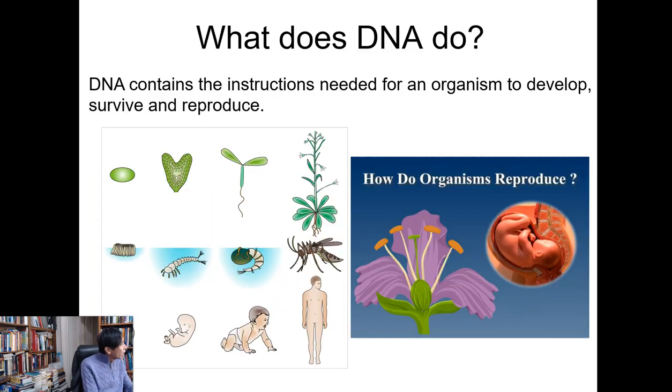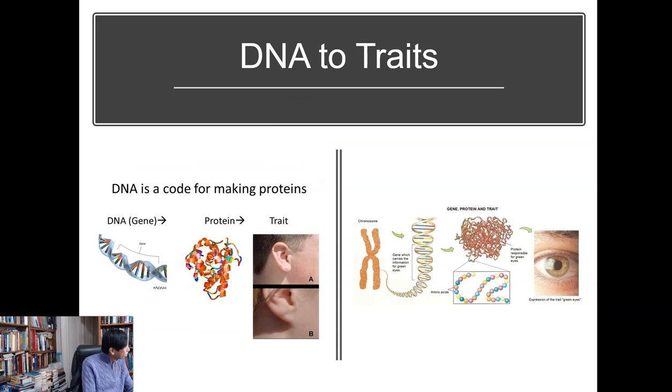Same thing: DNA has a blueprint that contains instructions needed for all organisms to develop, to survive, and to reproduce. So DNA directs all the life functions in living organisms.